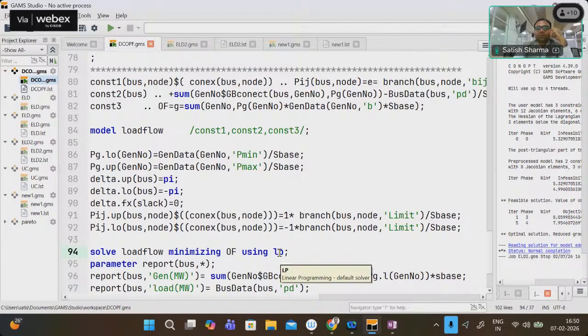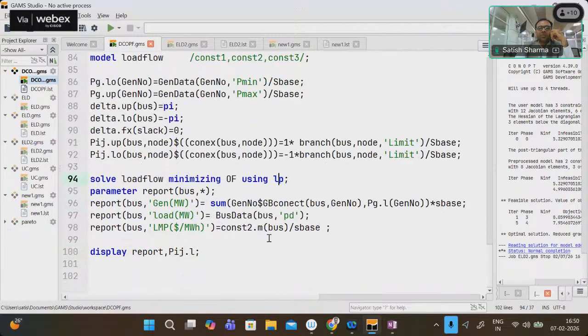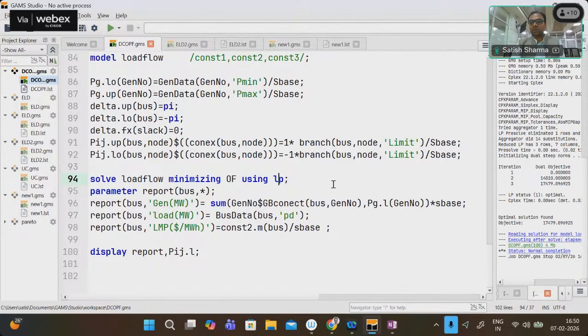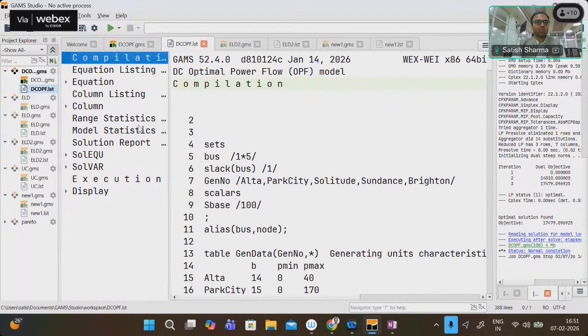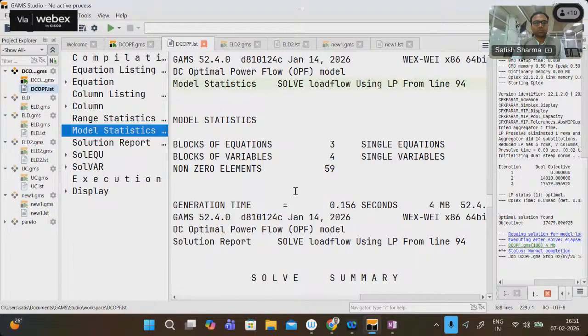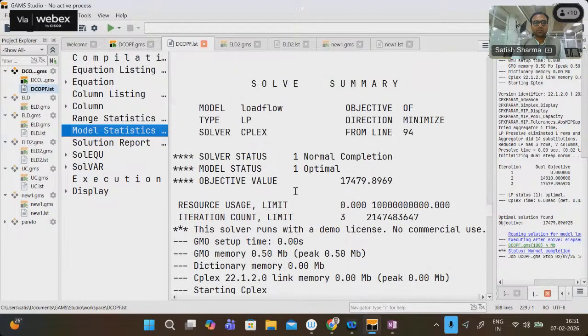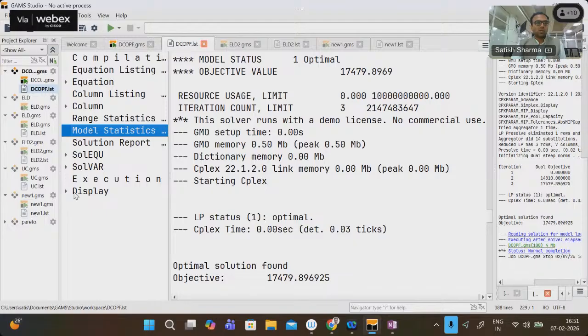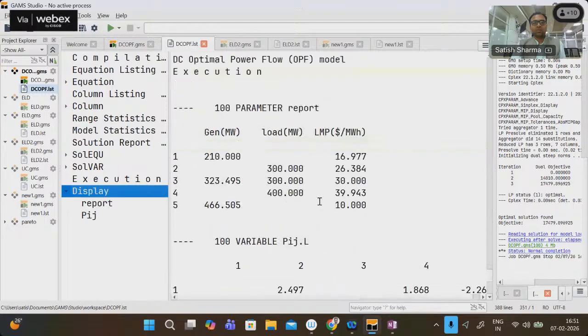It's a DCOPF. Then there is the report, and display is also a command to display certain variables. If we run it, we will be able to see the output. Let's see what is in the display.